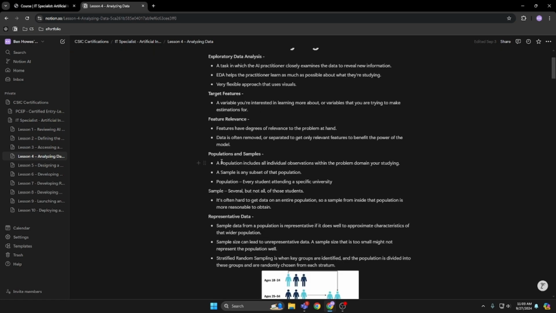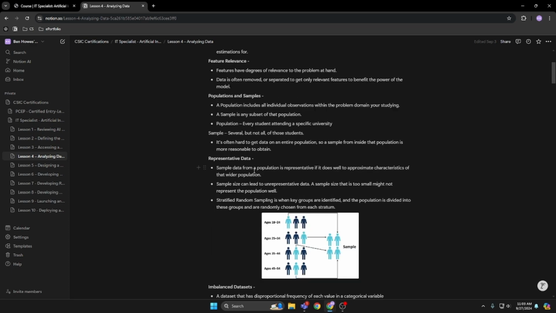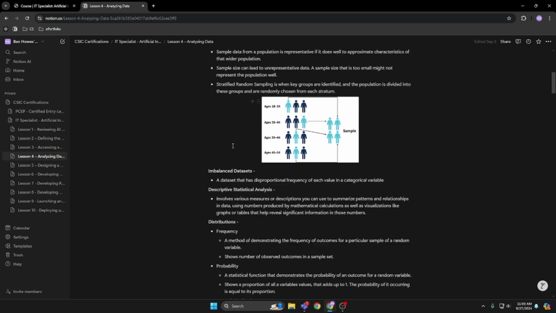Make sure that your population samples, it goes over the differences between the population, which is a whole entire group of people, and a sample is like a section of that entire group. It's often hard to get full population because it'll be such a big number, while a sample is smaller, and it's a lot easier to get data from.